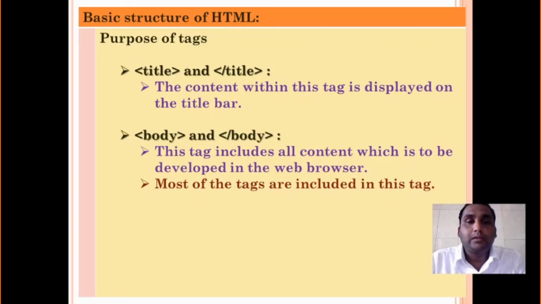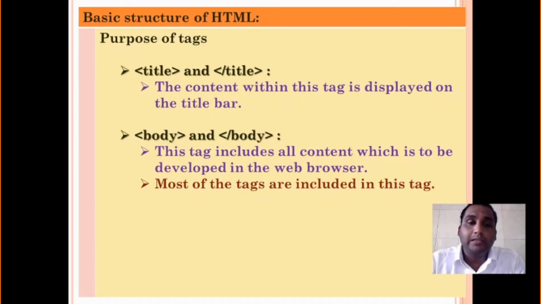Title tag: the content within this tag is displayed onto the title bar of the web browser. Web browser has a title bar, and the content that we write in between the title tag is displayed onto the title bar of the web browser.